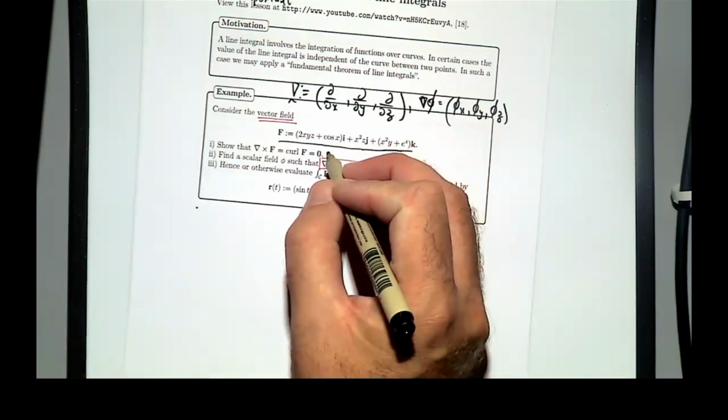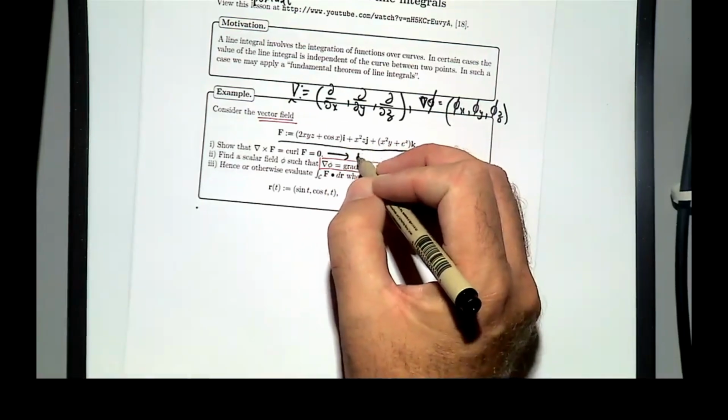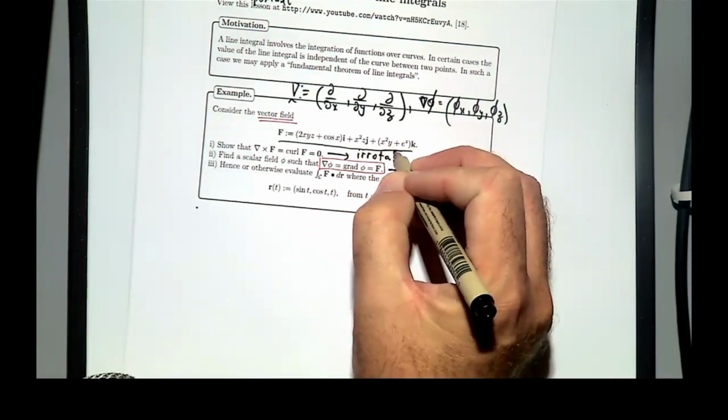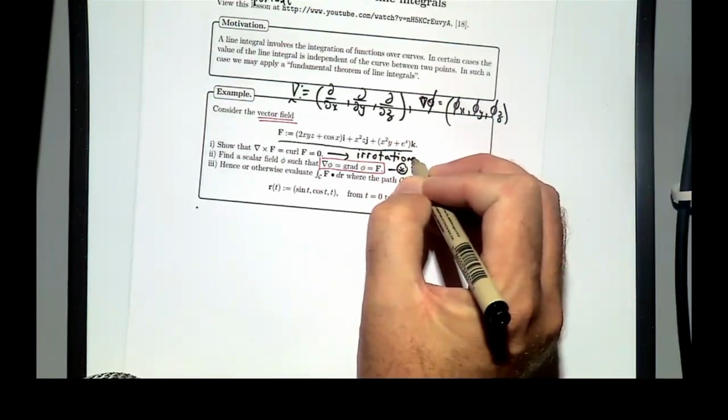Okay, so I'll come back to part one in a minute. The basic conclusion there, as we talked about yesterday, is that when the curl's zero, the zero vector, we call the original vector field irrotational.